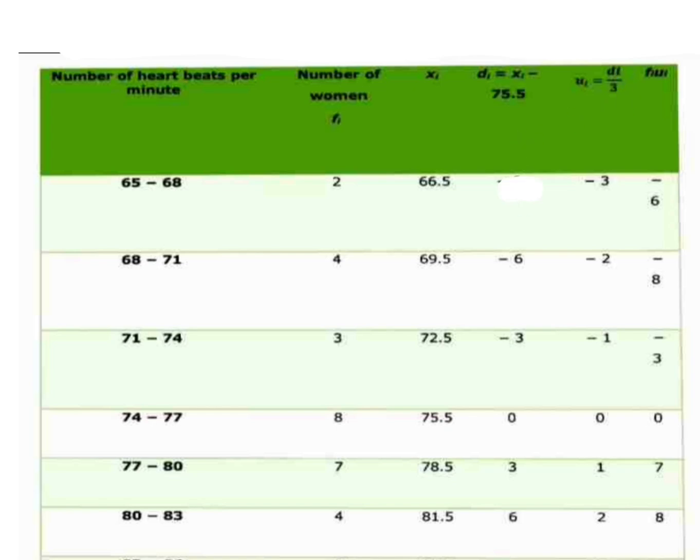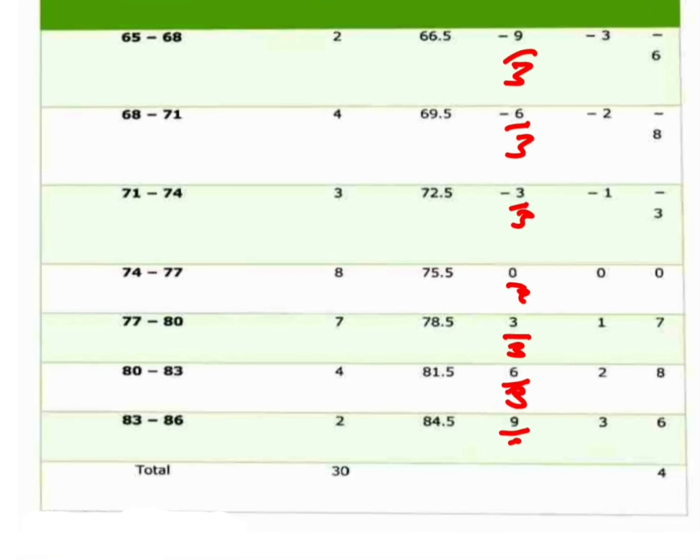Dividing minus 9 by 3 we get minus 3, minus 6 by 3 is minus 2, minus 3 by 3 is minus 1, 0 by 3 is 0, 3 by 3 is 1, 6 by 3 is 2, 9 by 3 is 3.